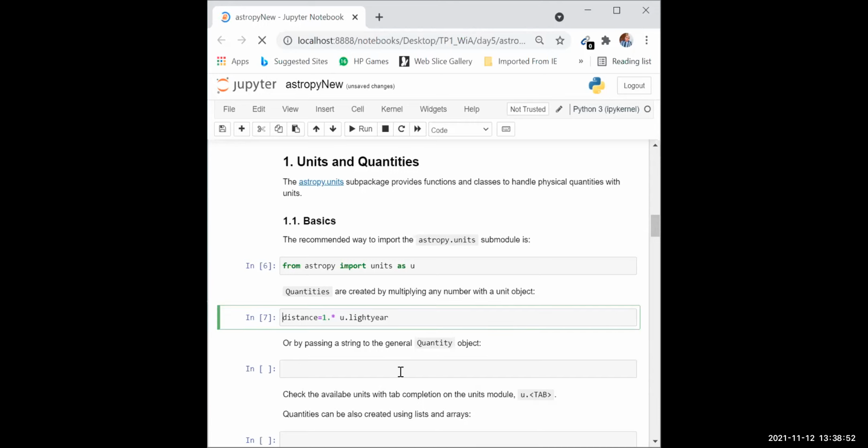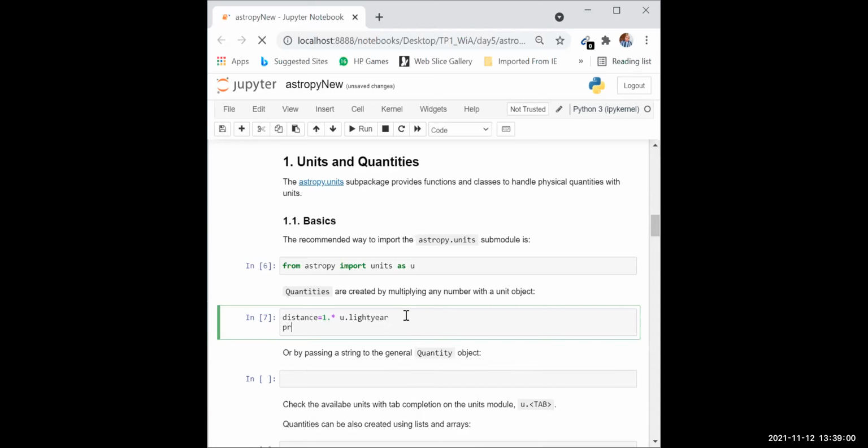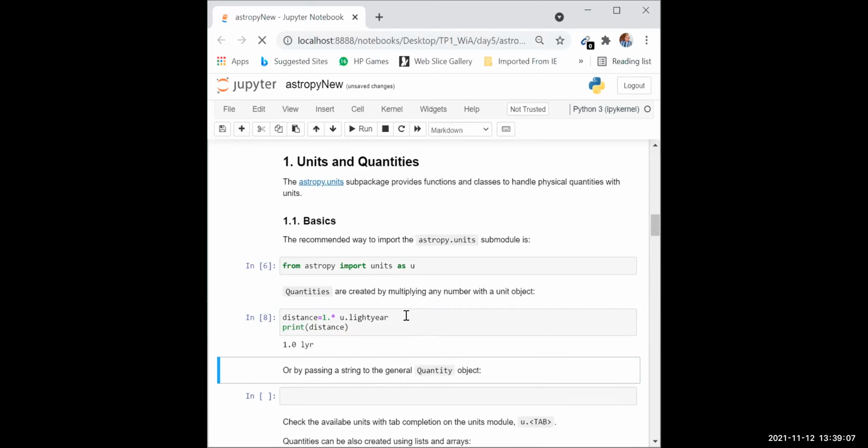Okay, and if I print this variable distance now, it will show me that it is 1 light year. Okay. So now if I want to convert this distance to meters, how many meters is 1 light year? I am using the distance dot to function.